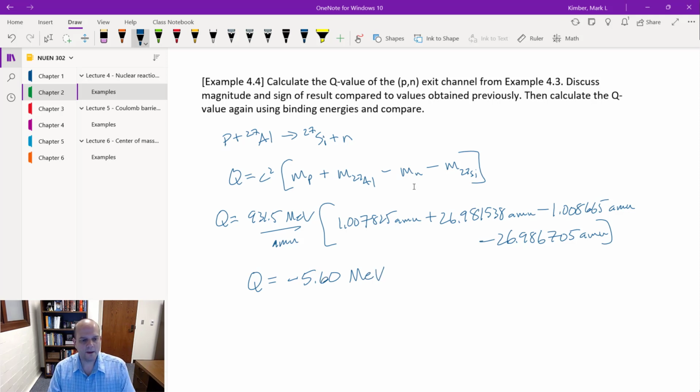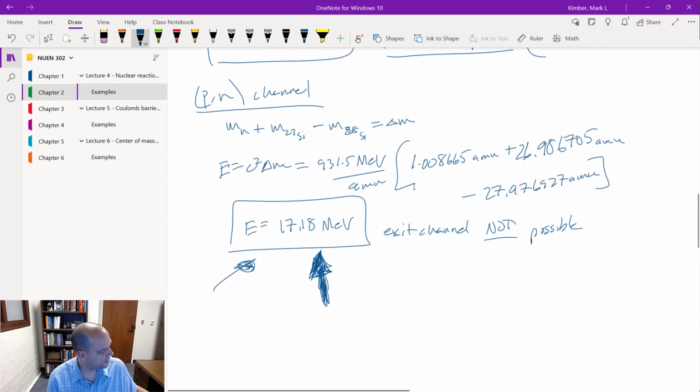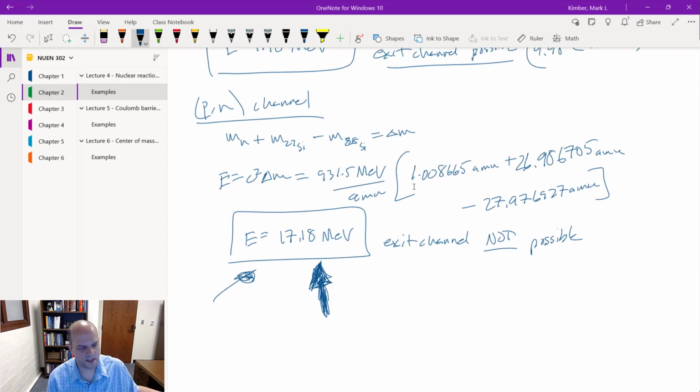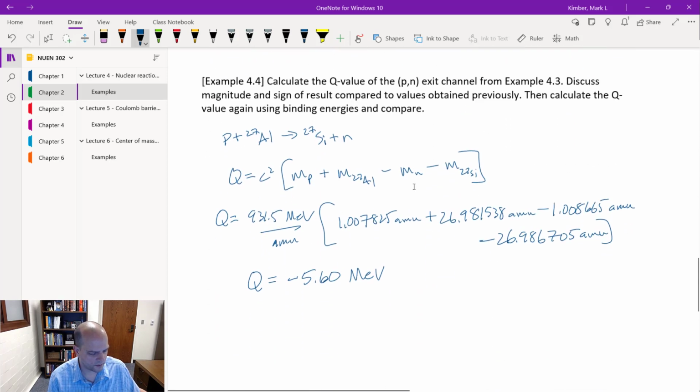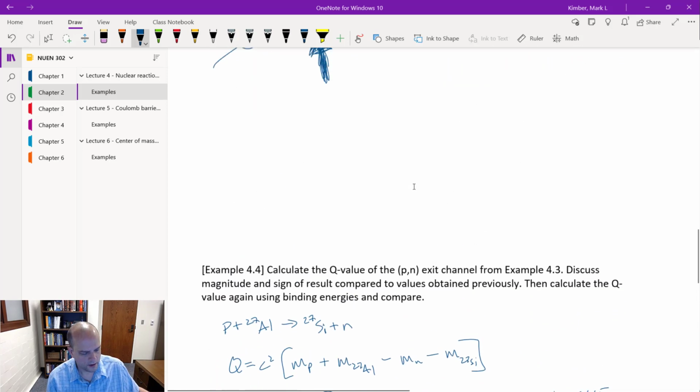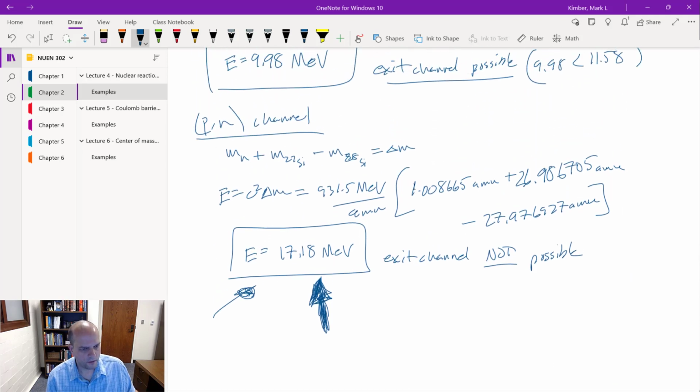So let's think about this for a minute. Where are we getting a negative 5.6 from? Or why? How do we rationalize the fact that we have a positive number and it's a 17 here, and we get a negative number and it's 5.6? So I'll draw your attention to what this number here represented, 17.18. Just as a reminder, that represented the energy required to go from the excited state to a state where we've split off an alpha particle, and then we have silicon-28.